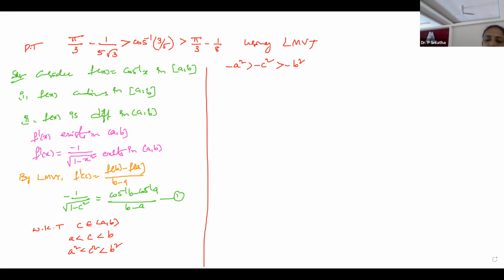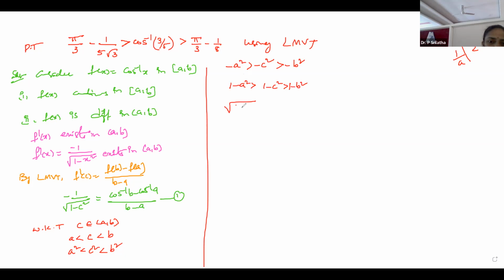If you multiply with minus on both sides, the sign will change. If you take reciprocal on both sides, then also the sign will change. Only in these two cases will the sign change. So minus a square is greater than minus c square is greater than minus b square.